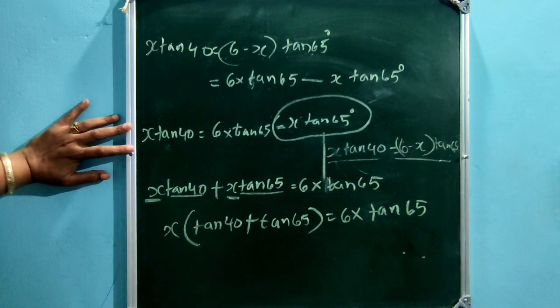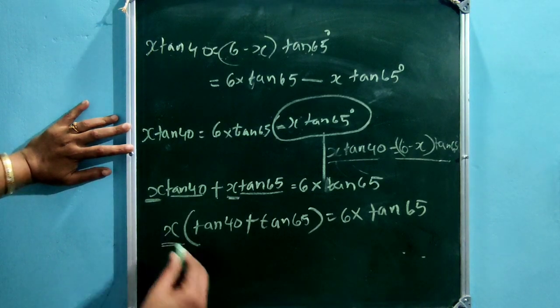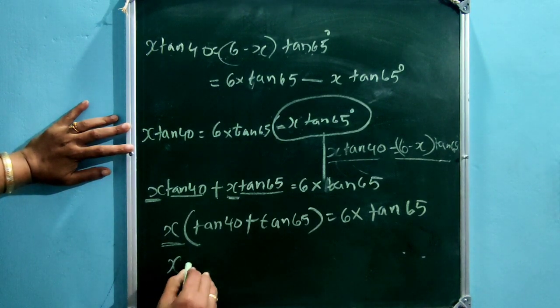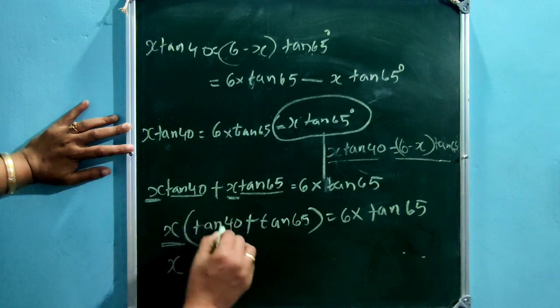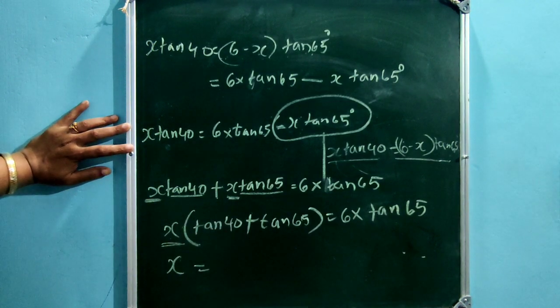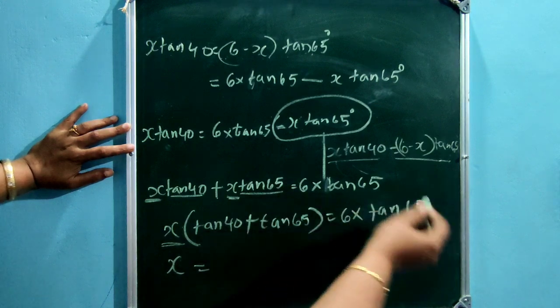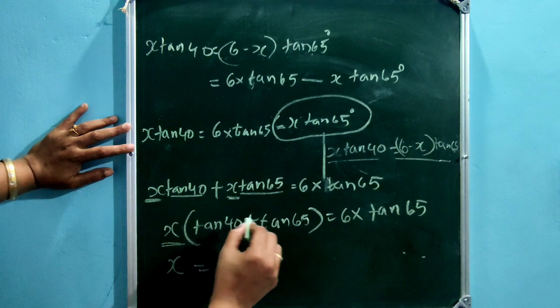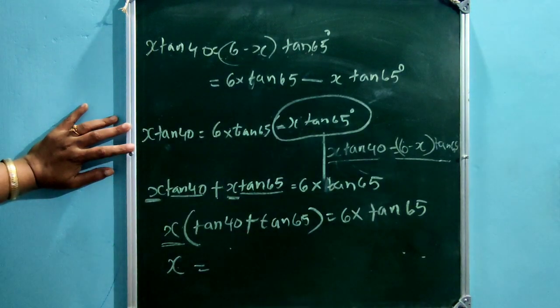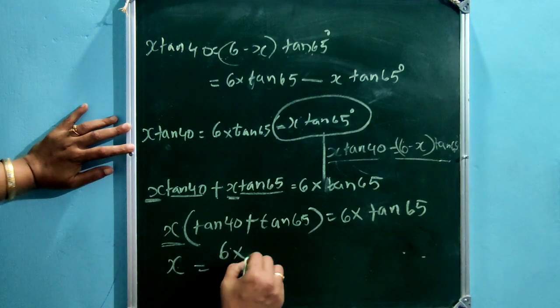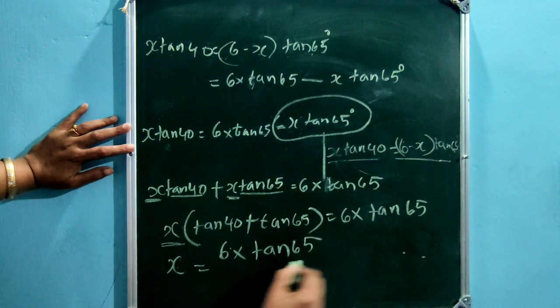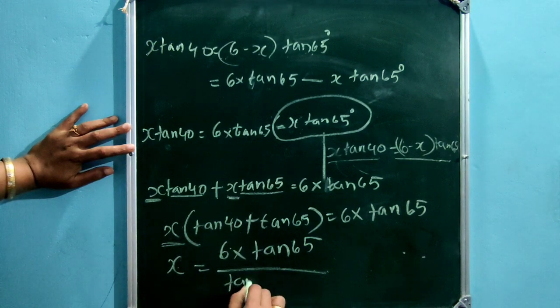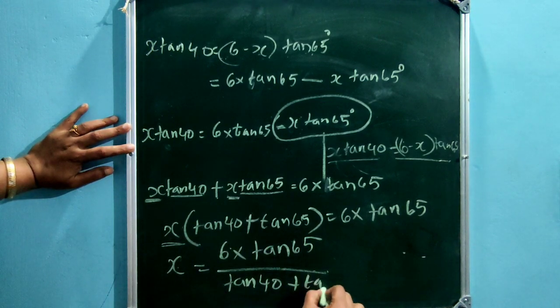Now we need this x only, right? So what is x? This is x into (tan 40 plus tan 65). If we move this to the other side, it becomes divided by.